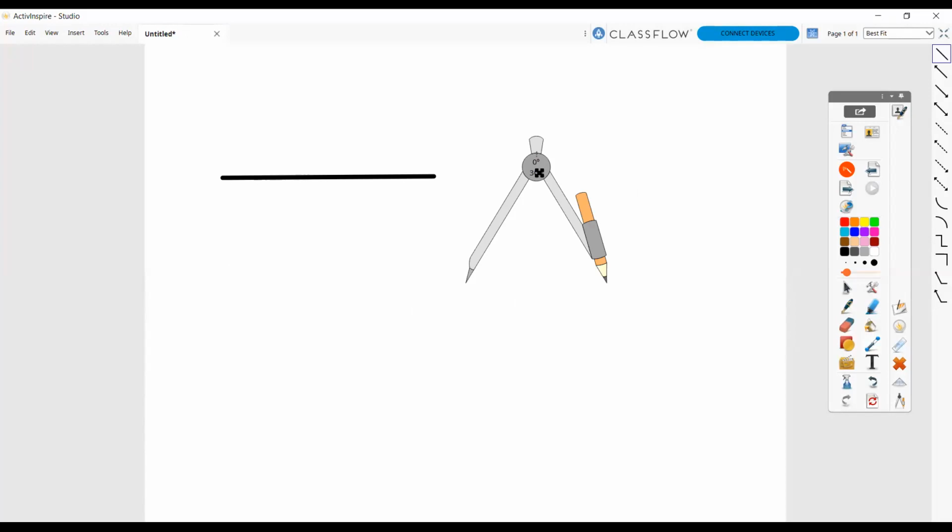For that, you have to set the compass like this. The left point will be on the left side, exactly at the starting of the line.